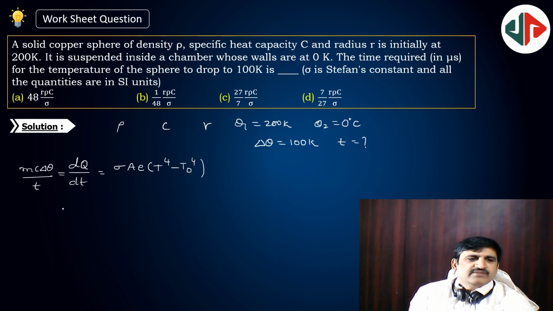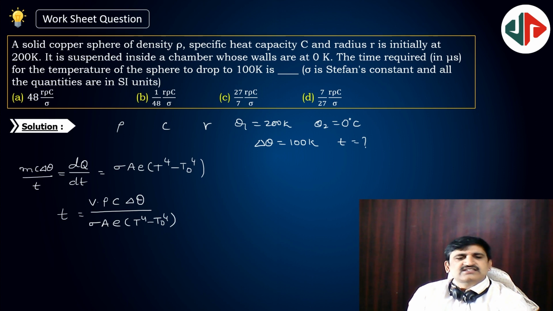So I want the time taken. Time t is equal to mass, which is volume into density, into c into temperature difference, divided by sigma A e into T to the power of 4 minus T naught to the power of 4. These things we need to substitute.